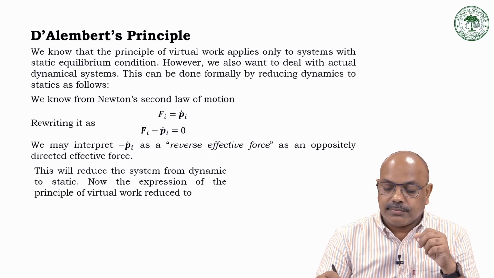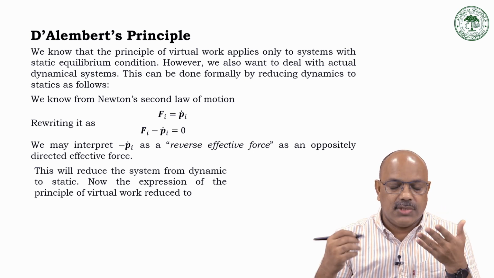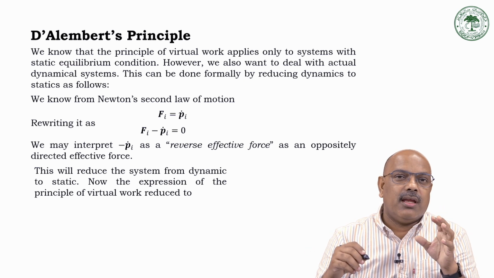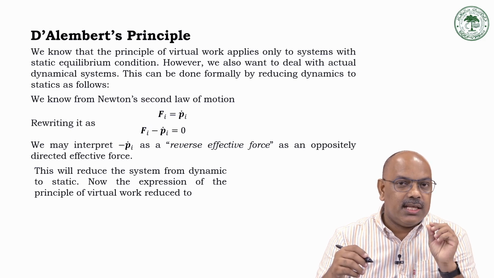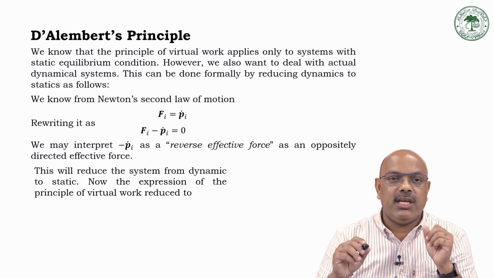We discussed the principle of virtual work and applied it, but we see that it is for static equilibrium, where forces are acting but there is no motion in the system, that is v is 0.